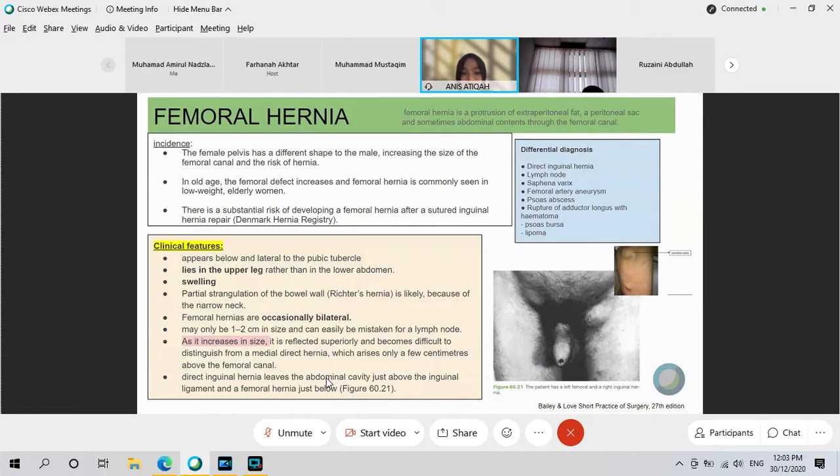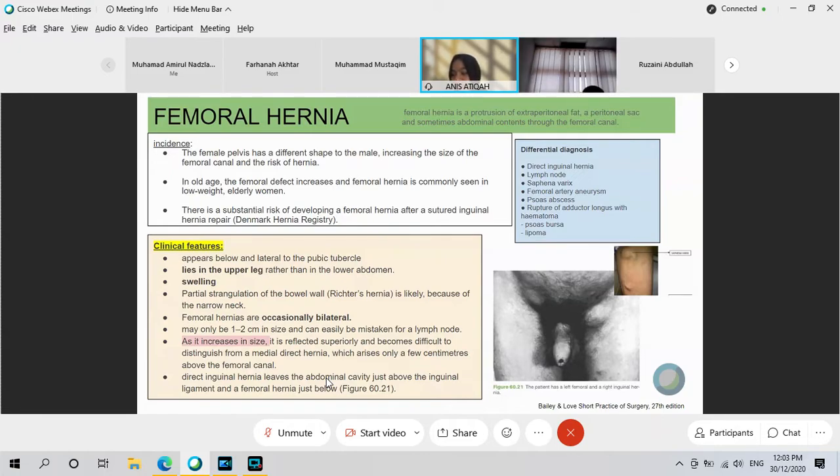For the differential diagnosis, because of the location, it may be mistakenly diagnosed as a direct inguinal hernia, and because of the size, it can be mistakenly diagnosed as lymph node swelling.